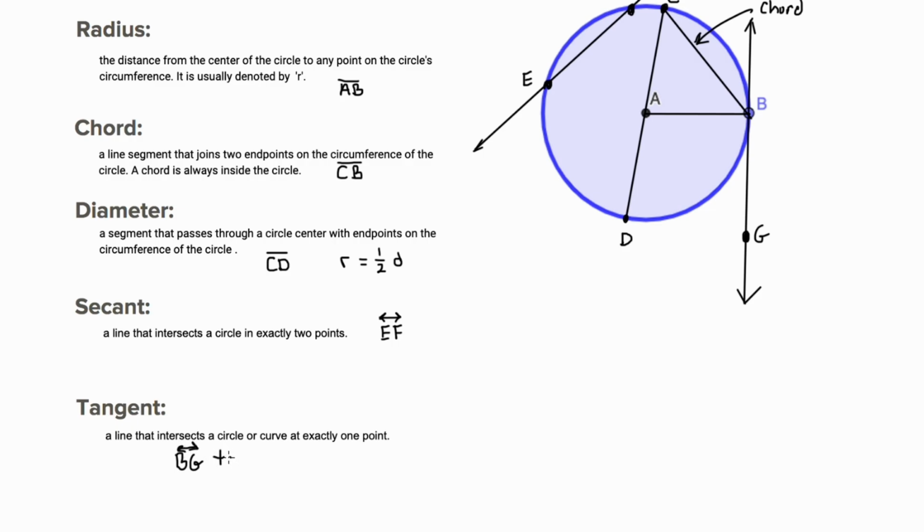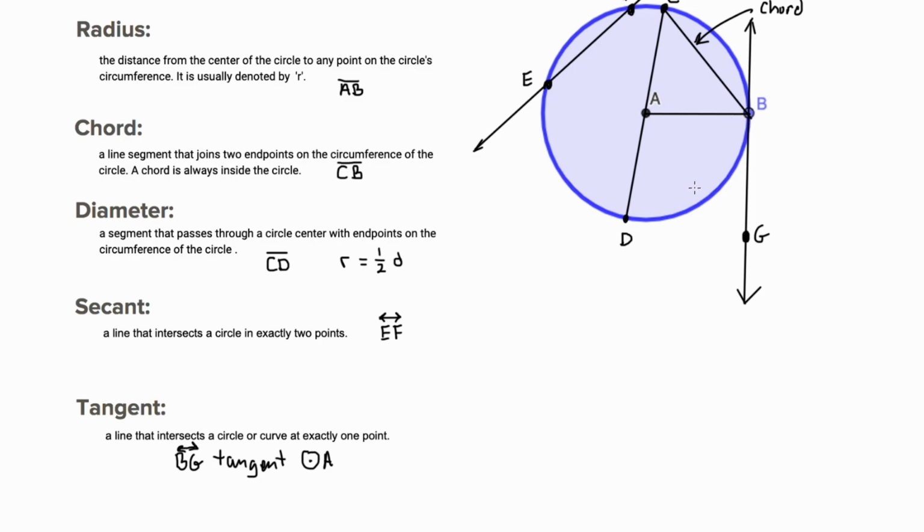It's tangent to circle A. And this is only true if it has only 1 point of intersection with the circle. If it had 2 points, it would be called a secant.